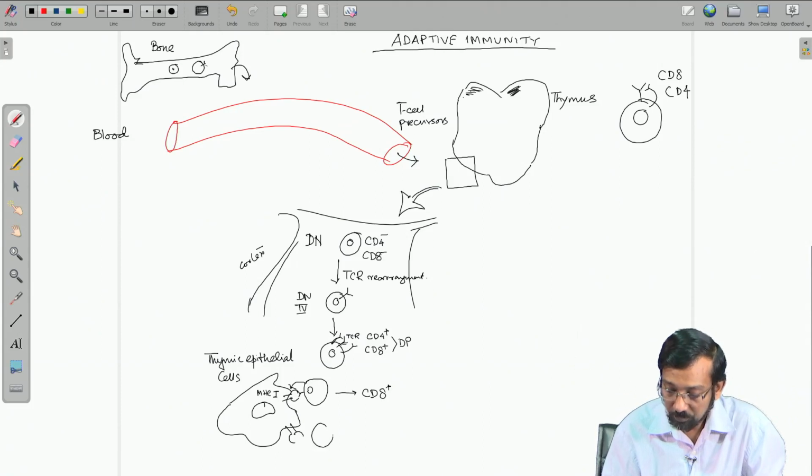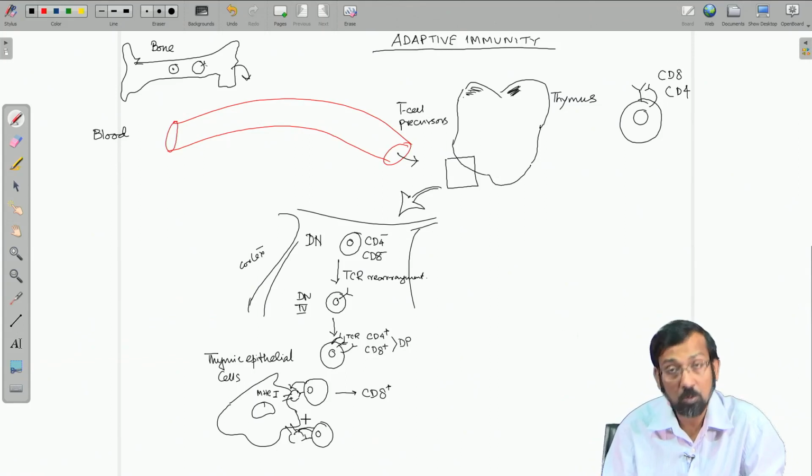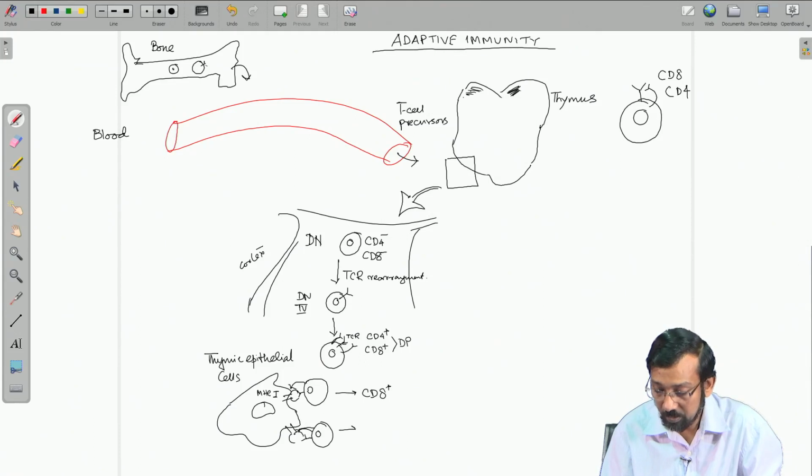If it is interacting with the class 2 MHC by the CD4 co-receptor, then it is going to be a CD4 plus cell.